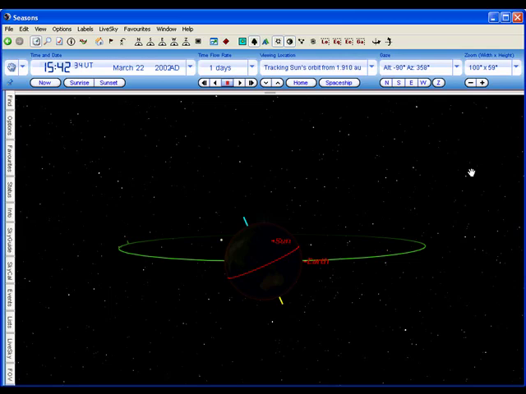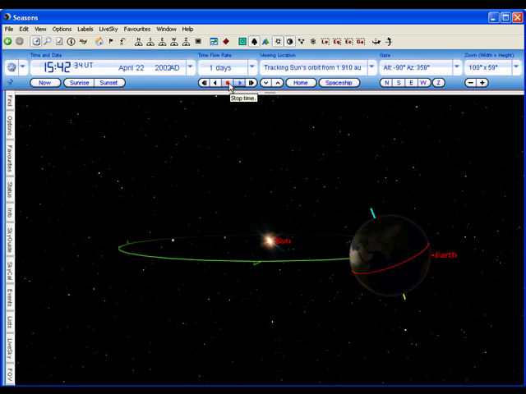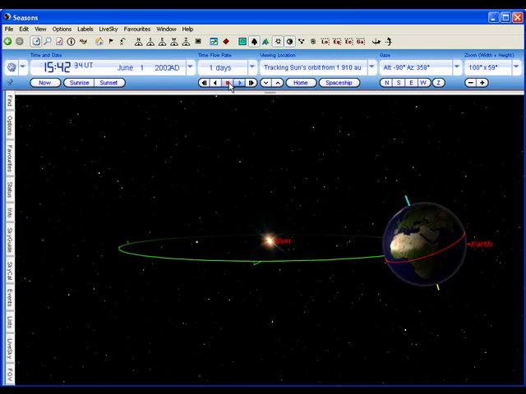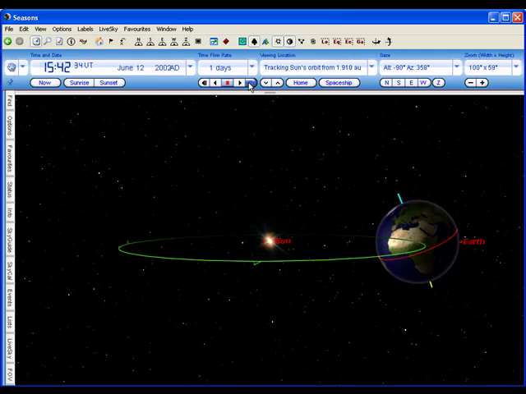So March 22nd, the vernal equinox, is the first day of spring. And if we go ahead and bring it forward, we come to the first day of summer, which is June 22nd.